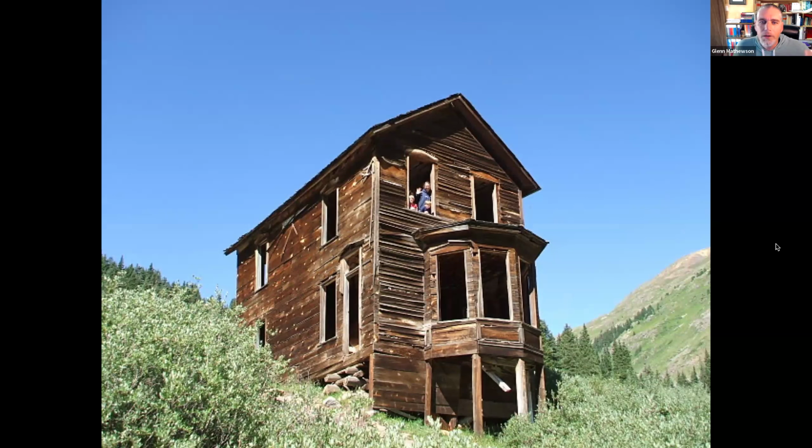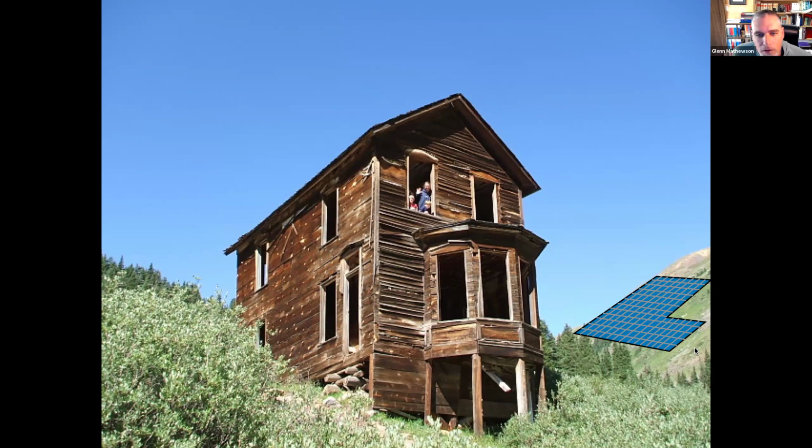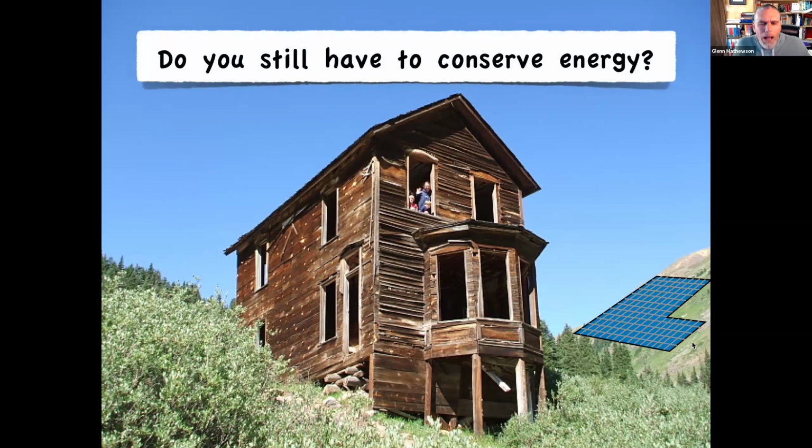But I'm going to build this house just like this today, no insulation, and I'm going to put a 250 million kilowatt solar system on the side of that mountain. And I'm going to make so much energy that I'm actually selling it back to Denver for you city schmucks. Does that seem sensible? Do I still have to conserve energy? Why would I need to conserve energy if I'm making it all for free from the sun?